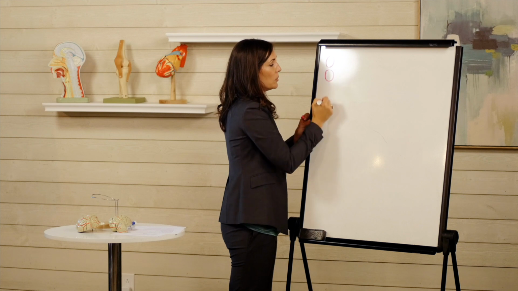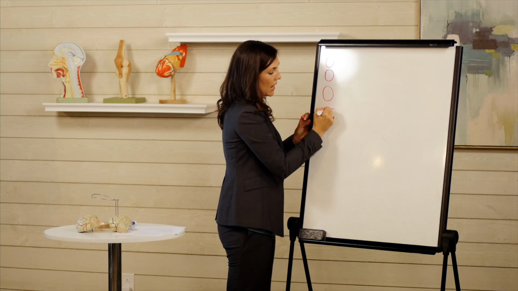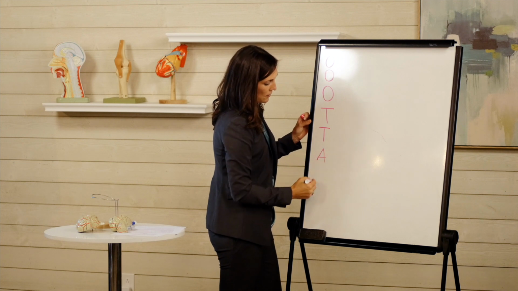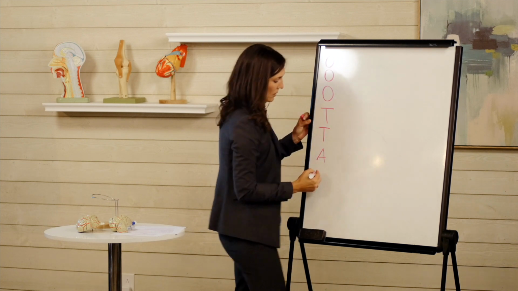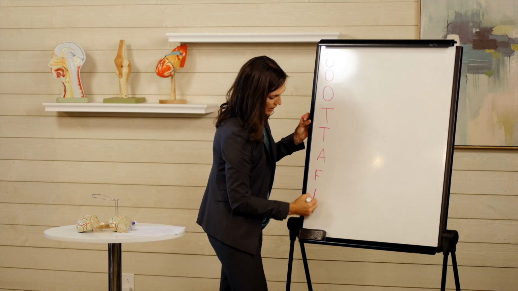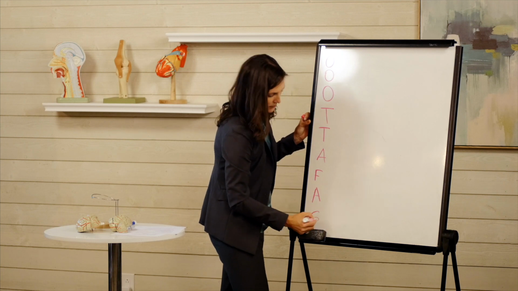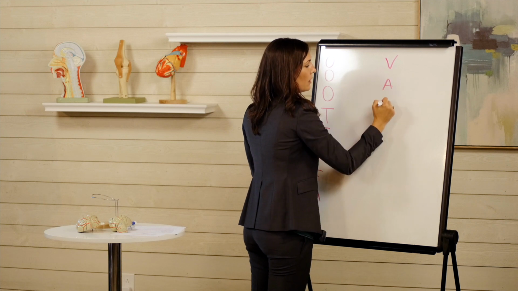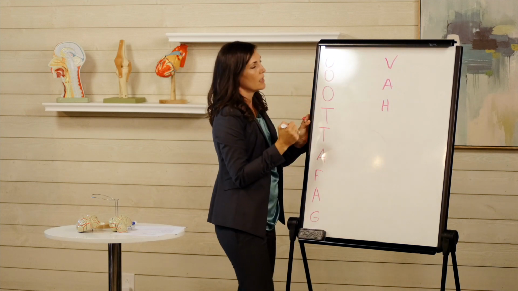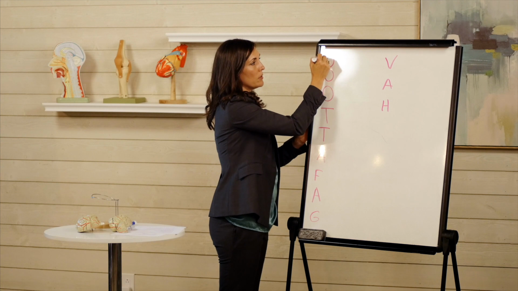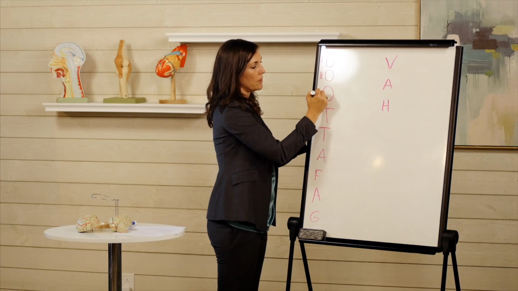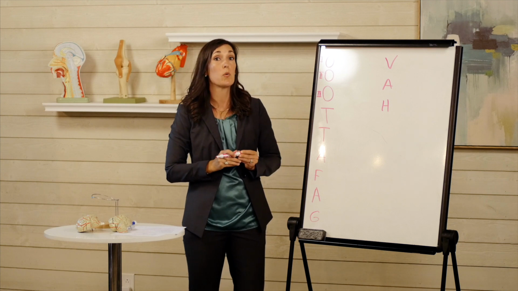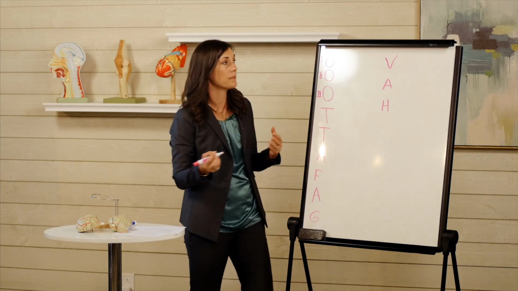On old Olympus towering tops, Finn and German viewed amber hops. Now they're based off of Roman numeral, so 1, 2, 3, and so on. This will help you remember the order of the cranial nerves.